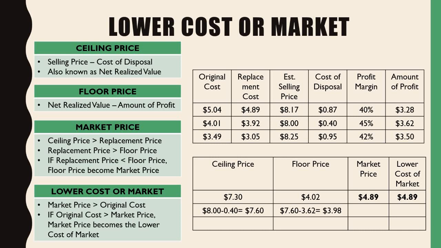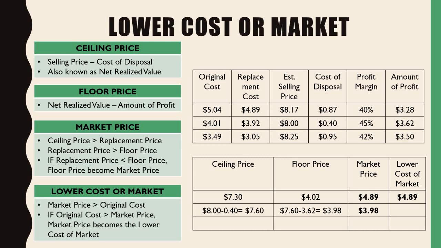Okay, because in this case my replacement is less than my floor. My replacement is $3.92, which is less than $3.98. Make sure you guys are looking at the numbers very carefully. So in this case, yes, my market is $3.98.